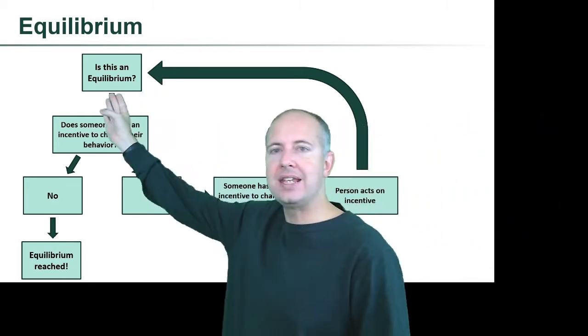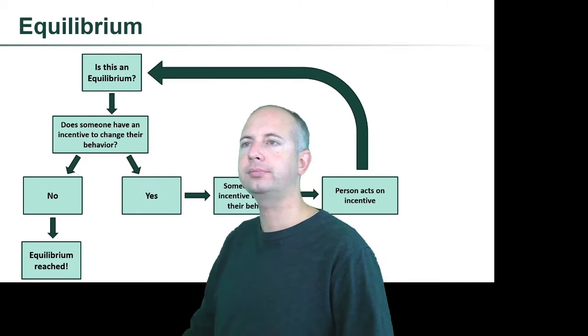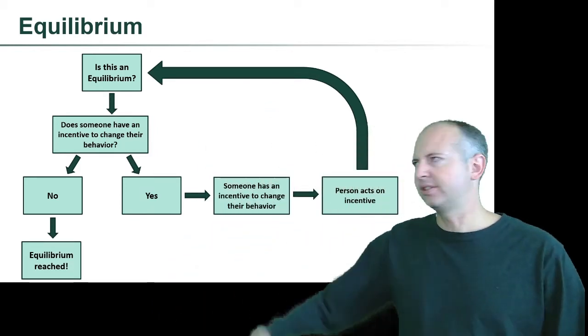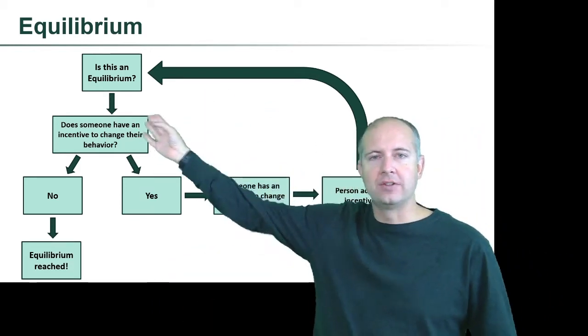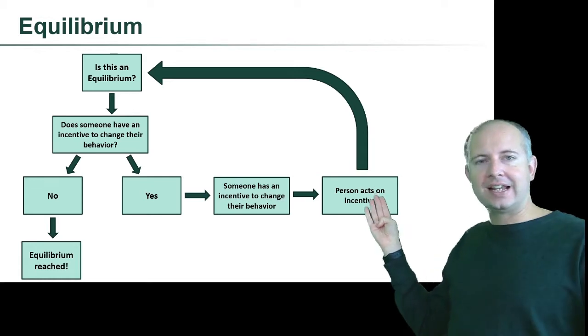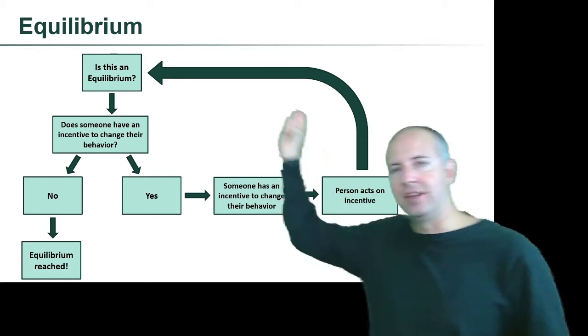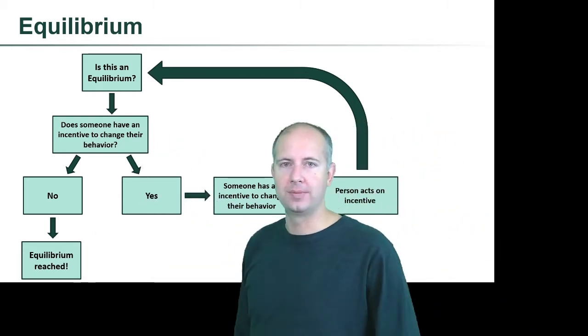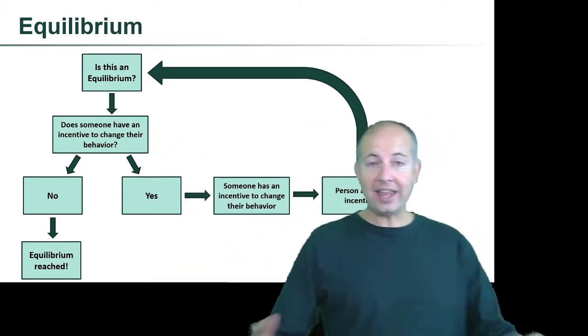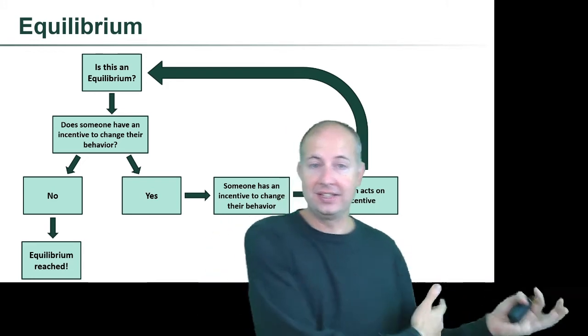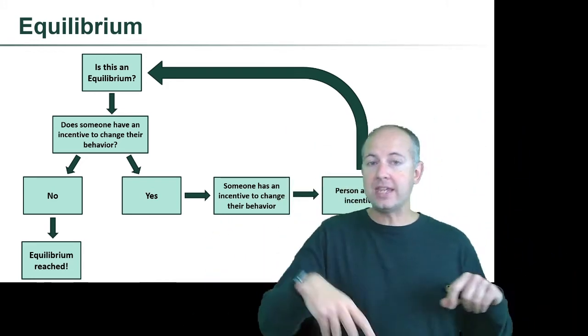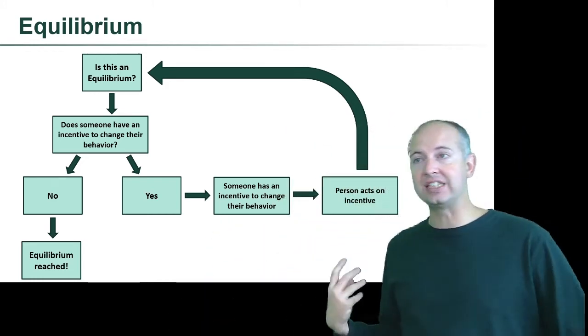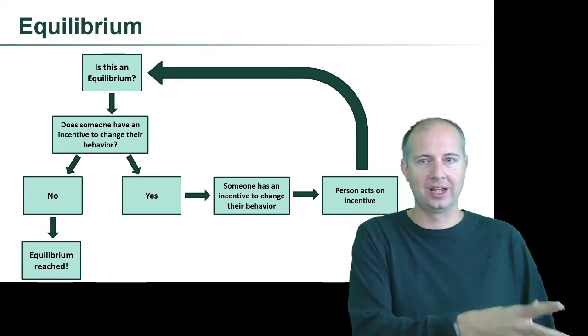Are we at an equilibrium now? Well, is there someone else with an incentive to change their behavior? So this would be person acts on incentive. That's the person at the back of the line moving to the short line. Does someone else have an incentive to change their behavior? Does the second to last person in the long line have an incentive to change their behavior? Maybe they still would have a shorter wait if they were in the short line.